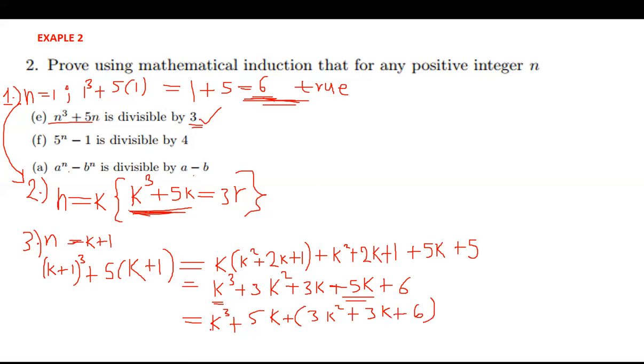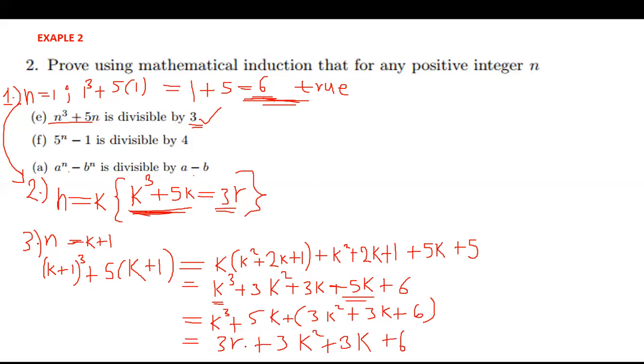So when there is k to the power 3 plus 5k, I'm going to replace it with 3r. So I'm going to have my 3r there, and then I'll write the remaining things there, which is 3k squared plus 3k plus 6.